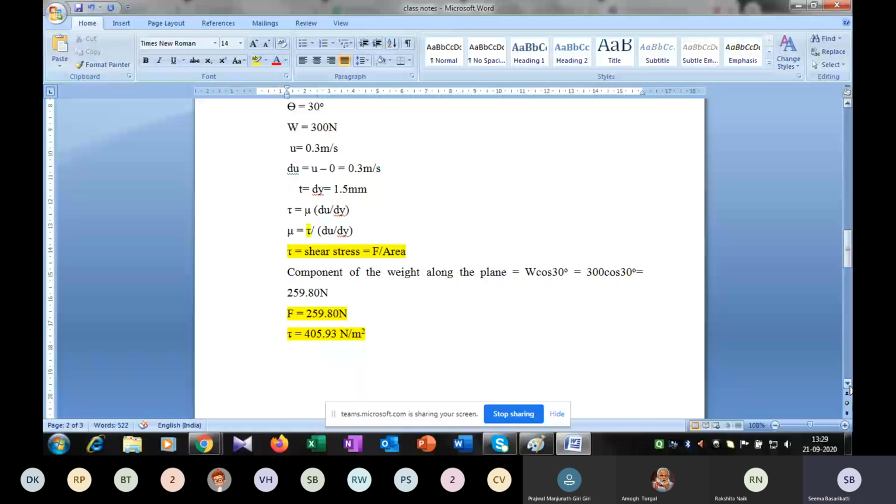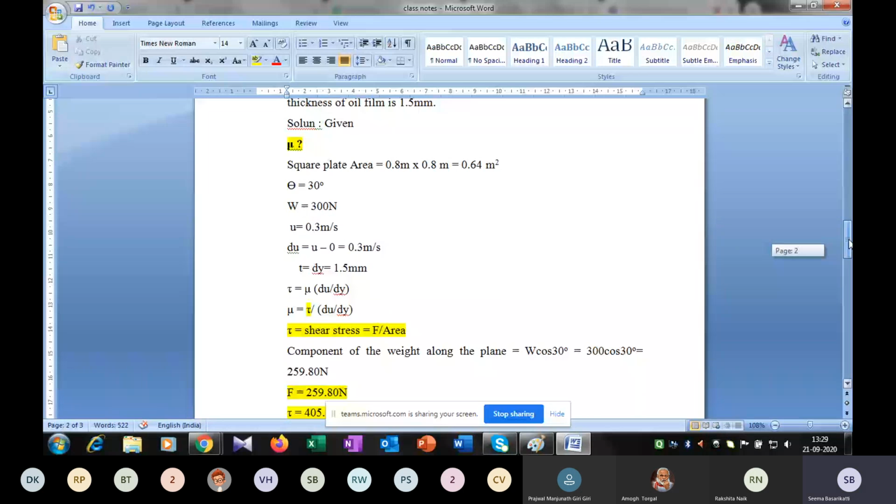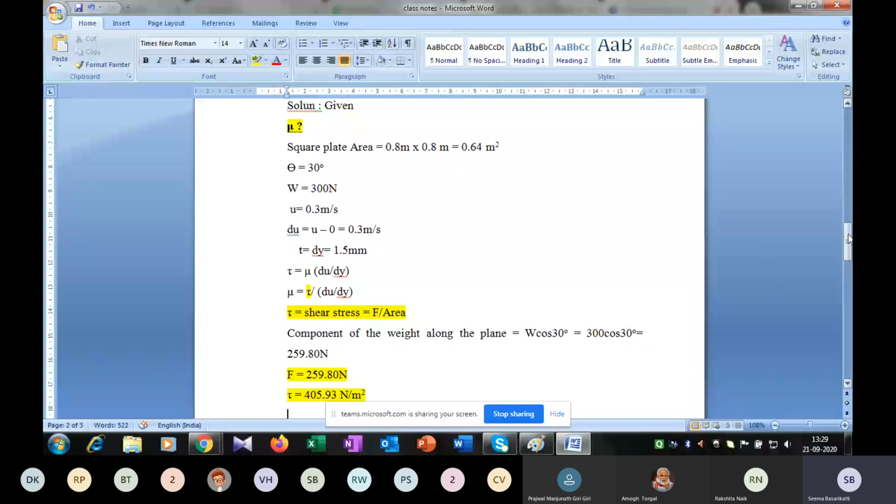You have identified the value of tau. Equate the value of du by dy and tell me the value of mu.